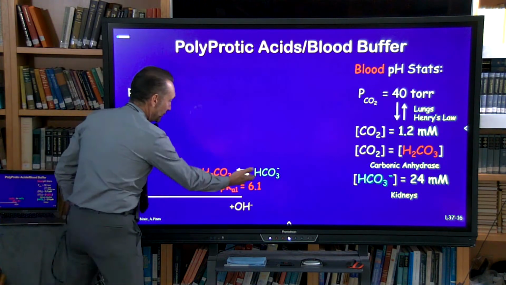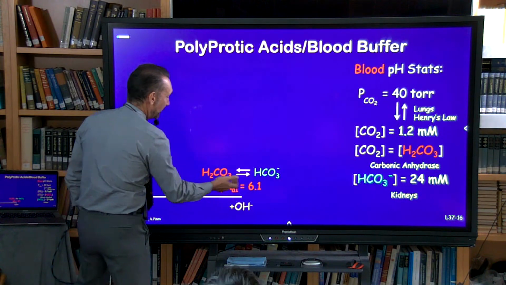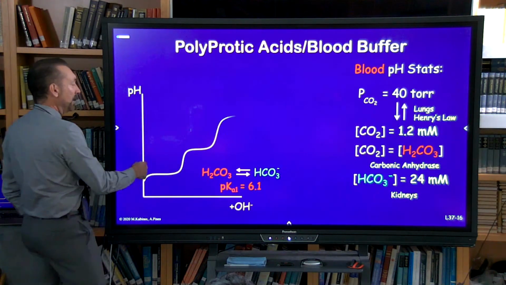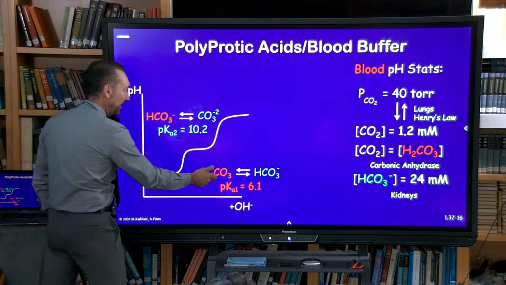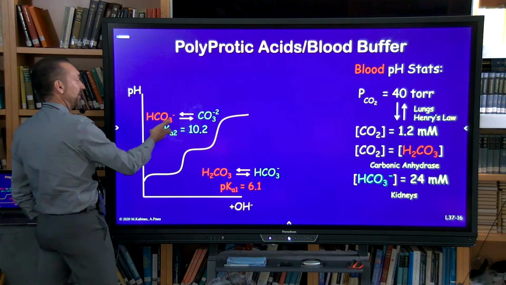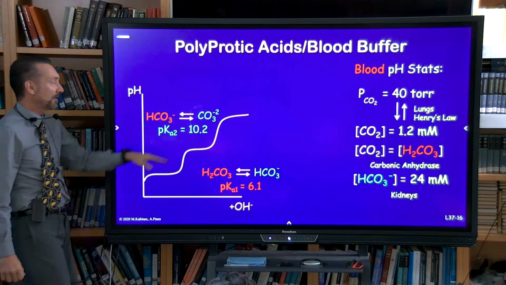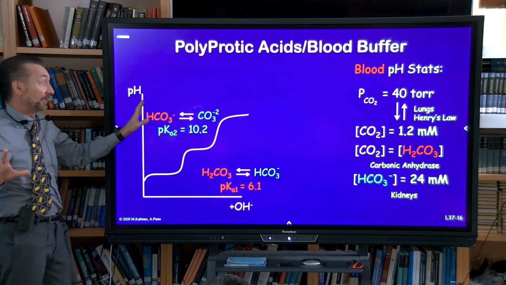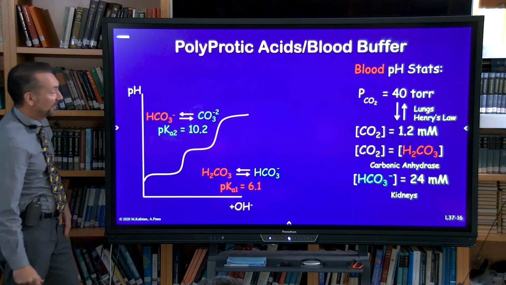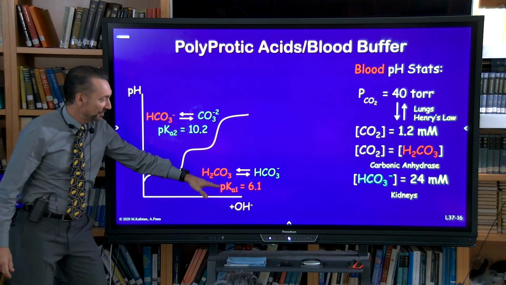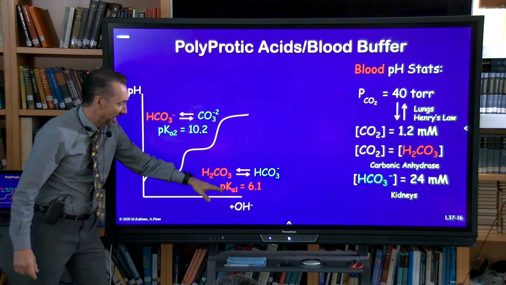So when you do this, we know the pKa of carbonic acid, 6.1. There's the titration curve. Here's the other proton coming off, the second proton, at pH 10. Hopefully your blood never gets there. Your blood stays around 7, and it uses this pKa to do that.